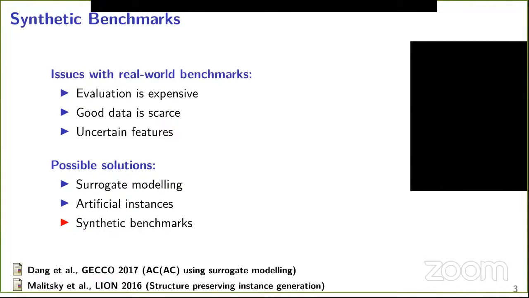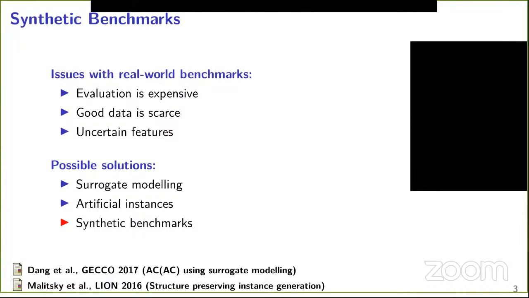You can have artificial instances when you have small but good data and you want to have more. For example, if you are improving, let's say, MiniSat on some particular set of instances, but you do not have that many because they are expensive to get and expensive to evaluate, you can generate more instances which preserve your structure.